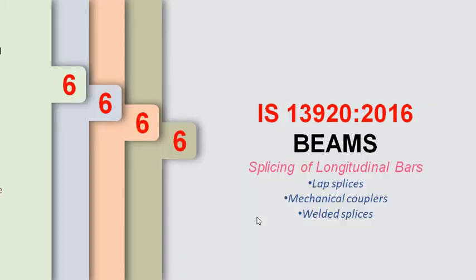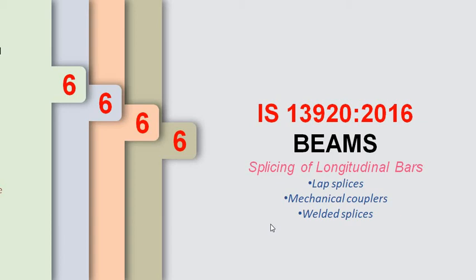Now we will talk about the splicing of longitudinal bars. It contains three types of splices. The first one is lap splices. Then we can also use mechanical couplers and welded splices.